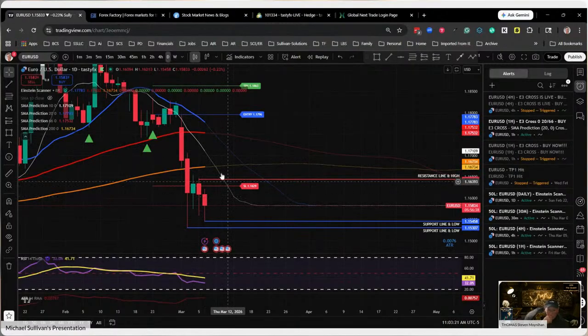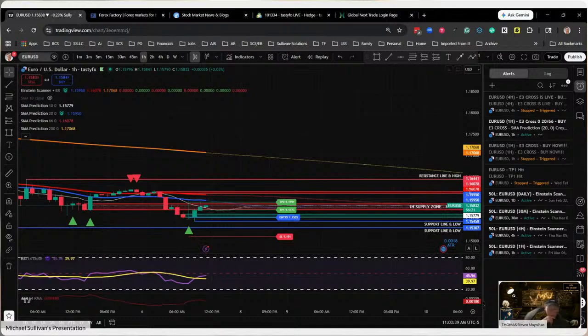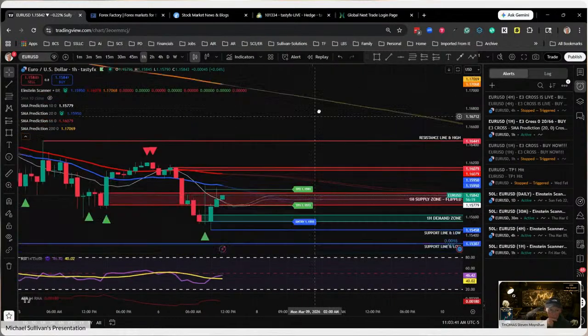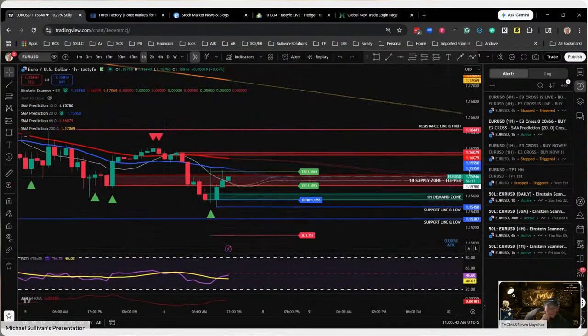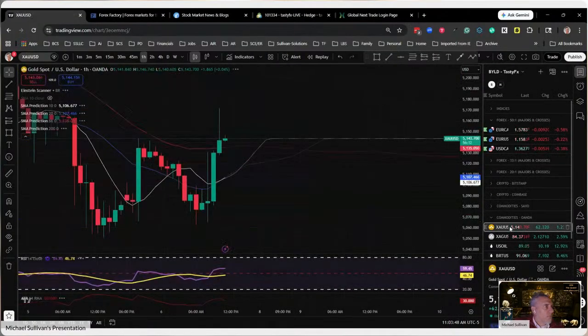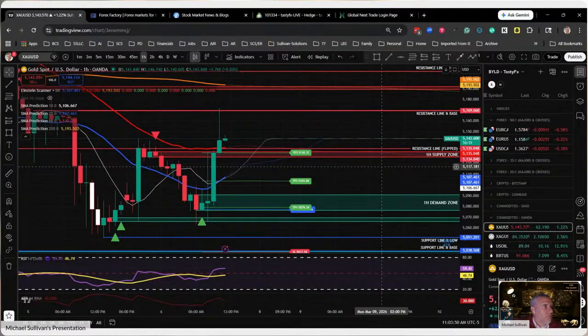We actually could have the 20 cross the 66 right here, on Monday, Tuesday. Just pay attention to that. That's in the Euro USD. And then if I go back to gold, anything happening live, it's just going up, just waiting for a pullback.